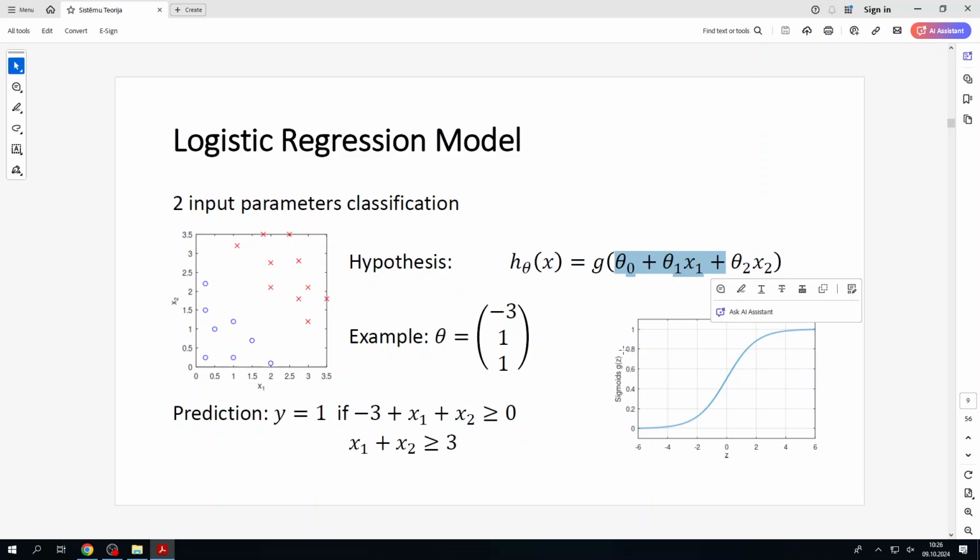This activation function is called the sigmoid activation function, or logistic activation function. The formula is not written here actually, but you simply have your linear regression formula and you calculate the sigmoid function over that linear regression.